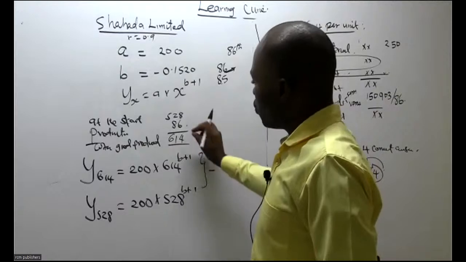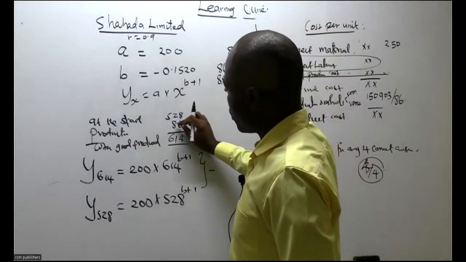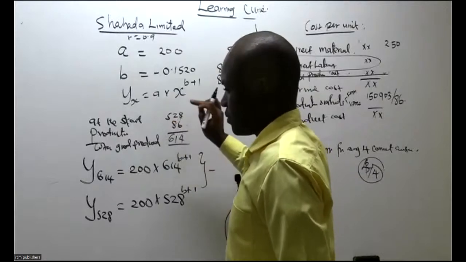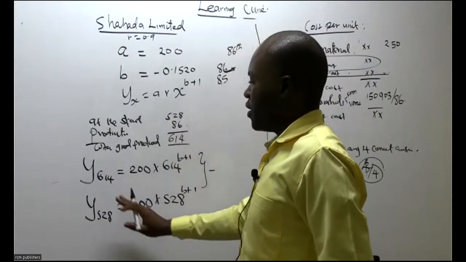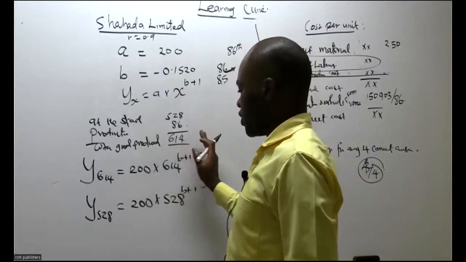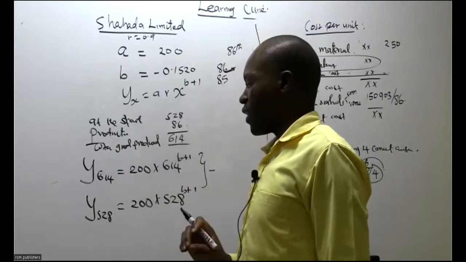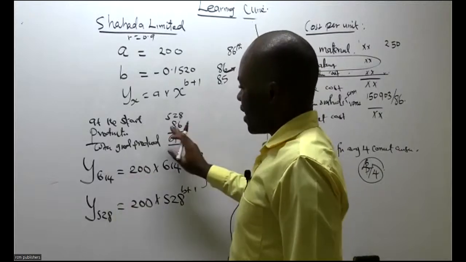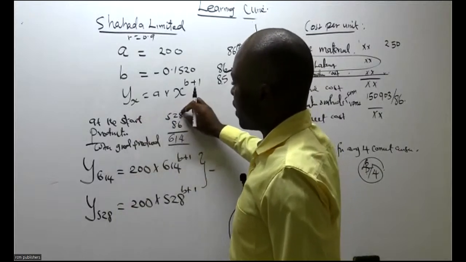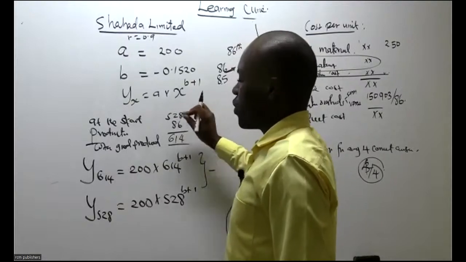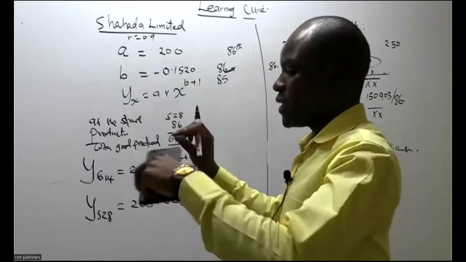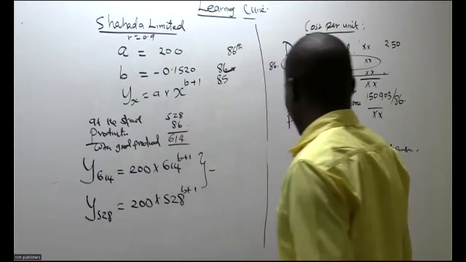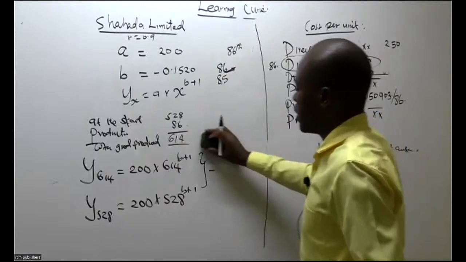Here, we want the total labor hours incurred to produce the 86 units. I take the total of everything, 614, because they are still under the learning curve, and then less the time taken to produce the first 528. The difference will be for producing the 86 units. I want you to go ahead now and help me get those figures.